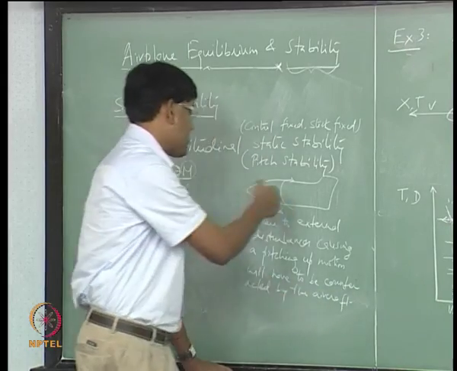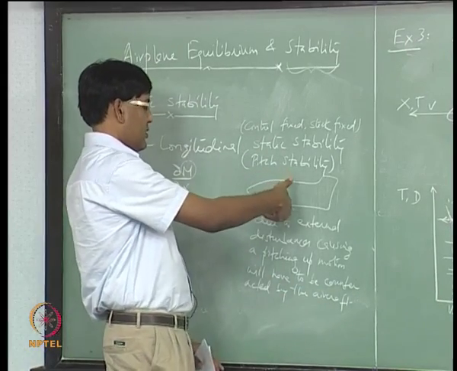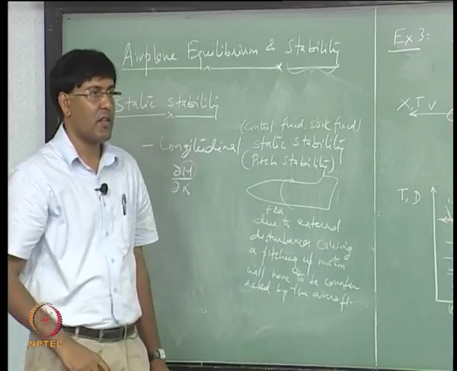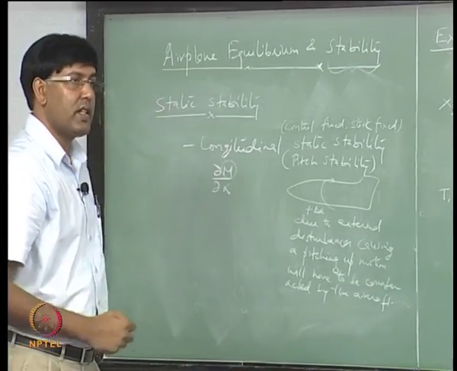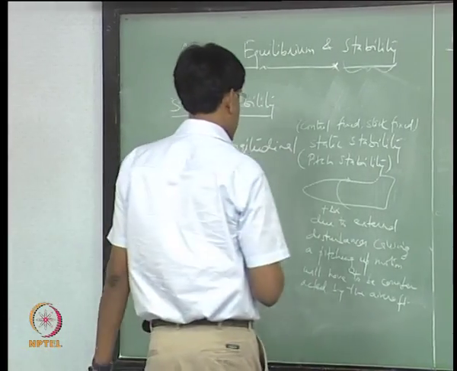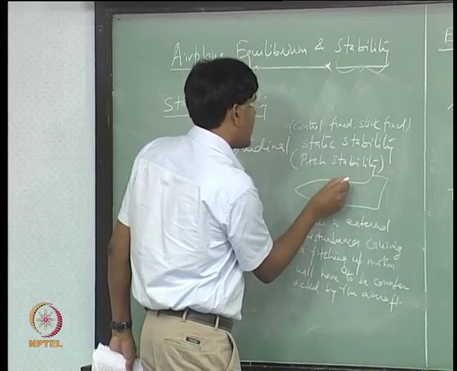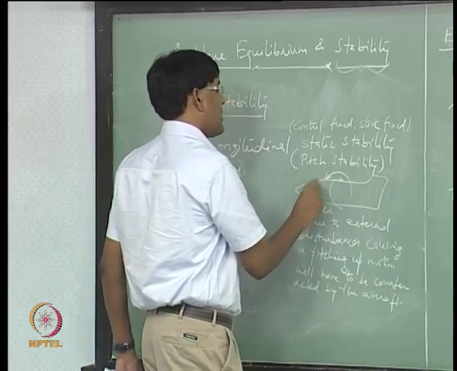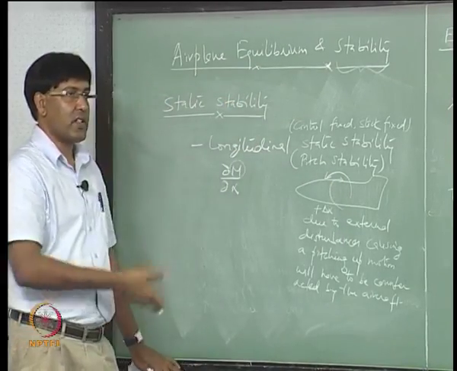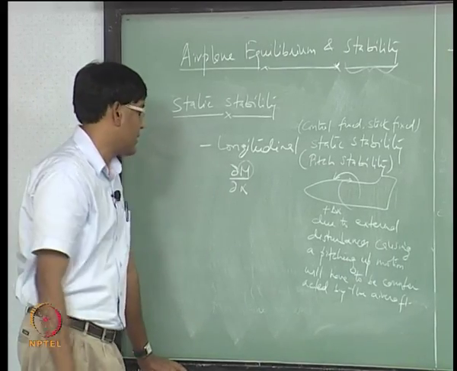So, the aircraft has to kill this positive change in delta alpha, which is coming because of the external disturbances. So, it has to automatically generate a pitching moment in the other direction, so that this delta alpha is killed.